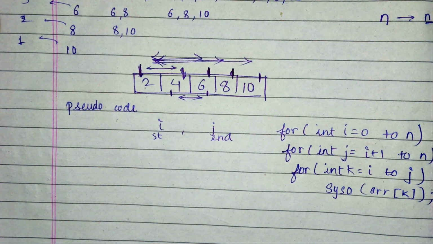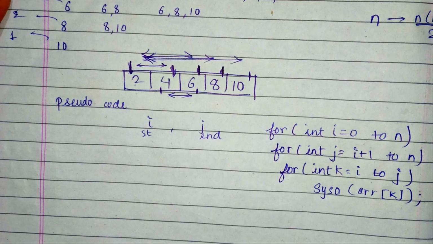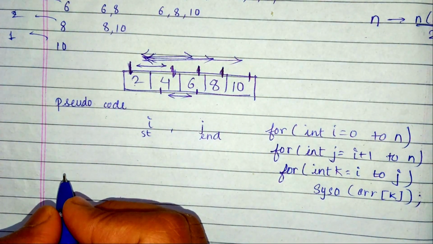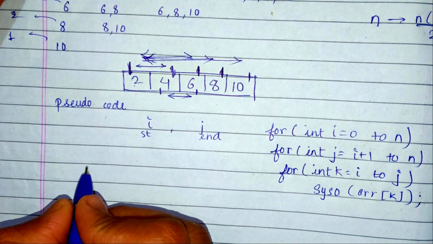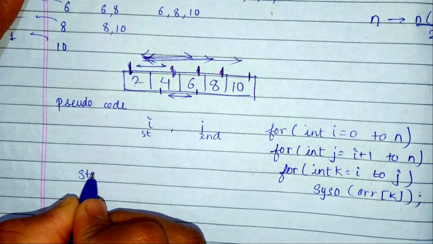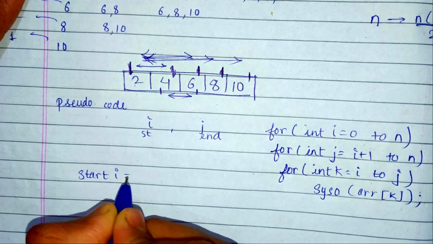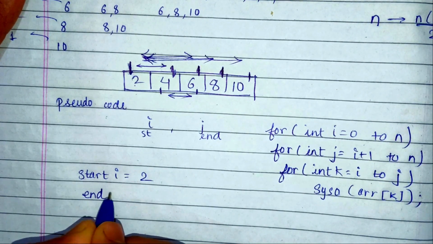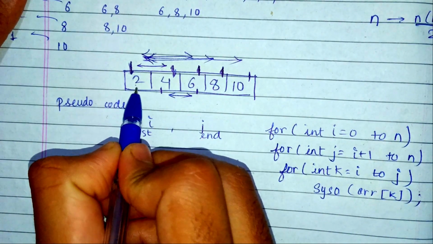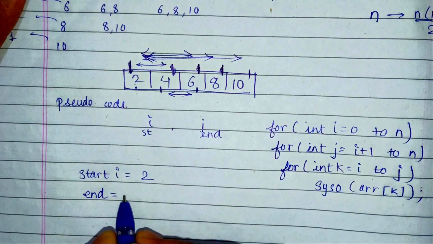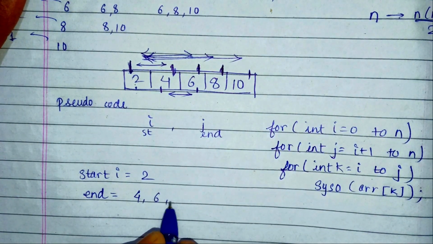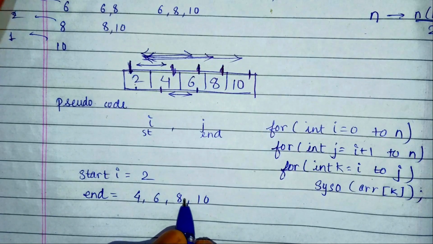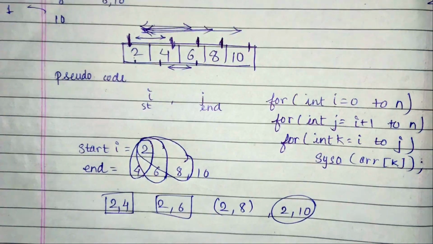So let's take an example here. The starting point will be i equal to 2, and the rest will be 4, 6, 8 and 10.